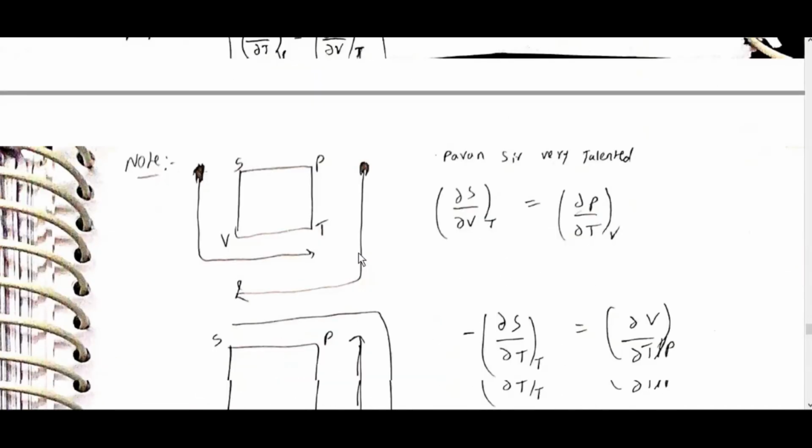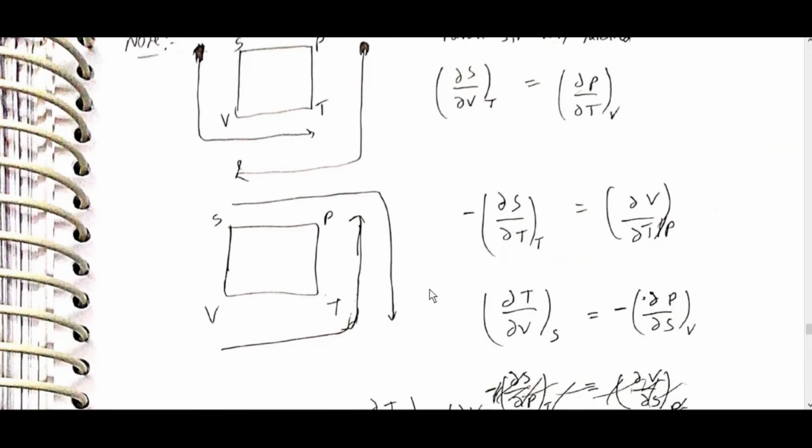To remember all these, Pawans are very talented. PSVT, anti-clockwise PSVT. Dou S by dou V at constant temperature is equal to dou P by dou T at constant volume.